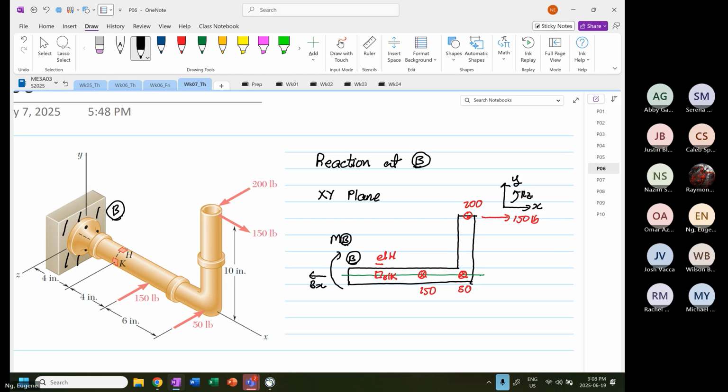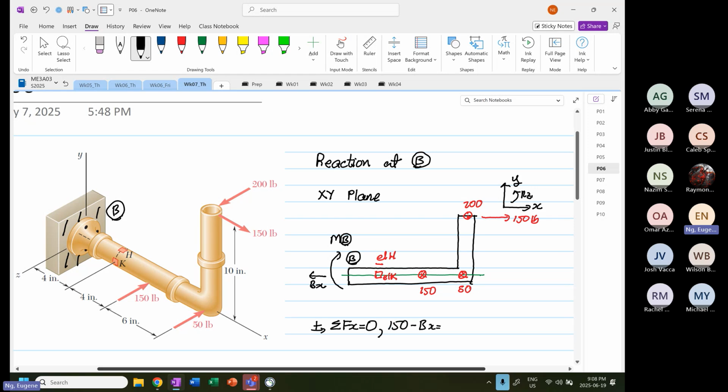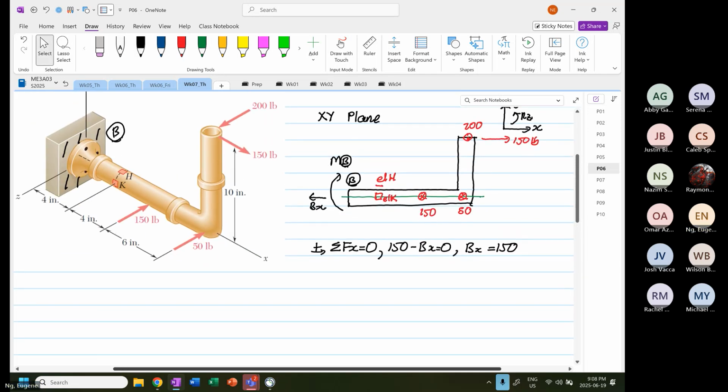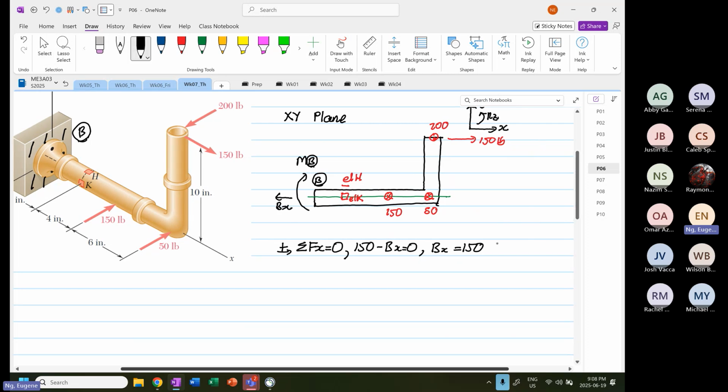From here, if we do static analysis, summation of forces in the X direction is equal to 0. So you have 150 minus BX is equal to 0. BX is equal to 150, and because it's pulling away in that direction, you know that these are going to generate tensile stress.